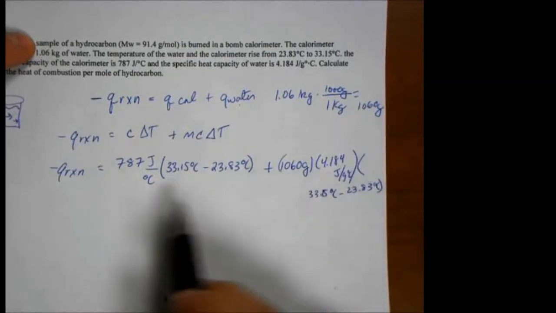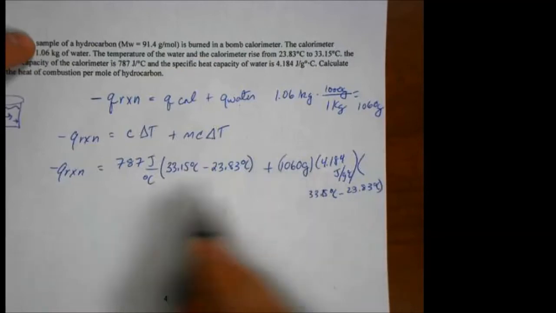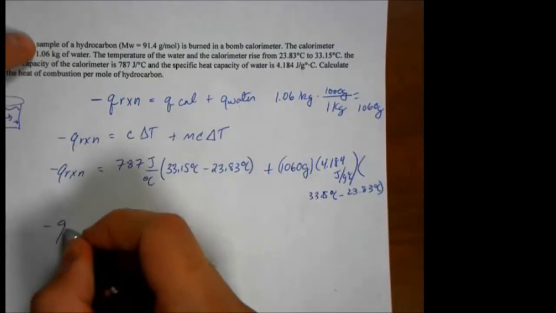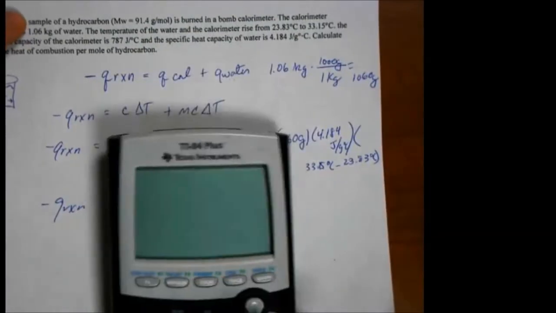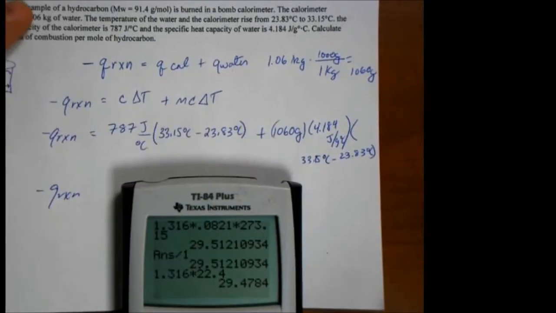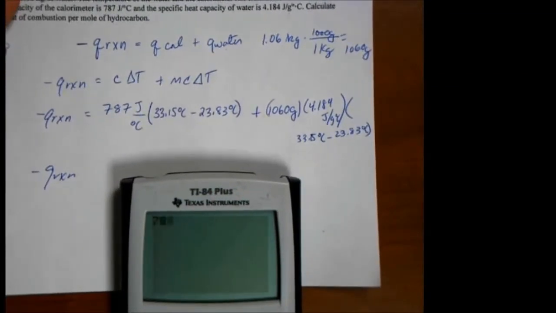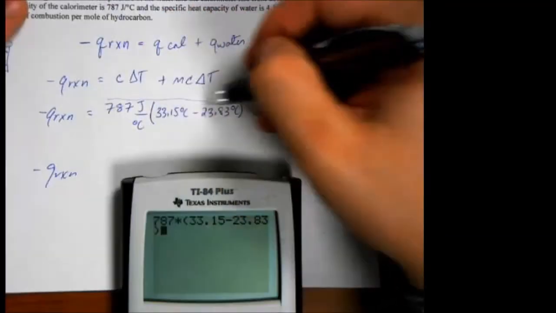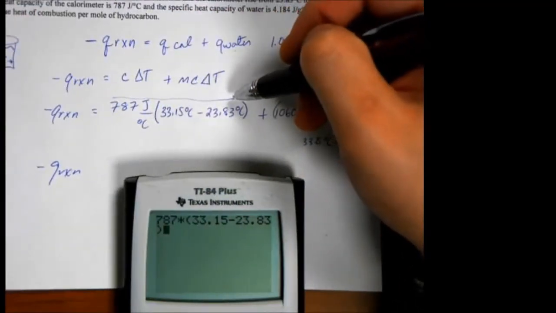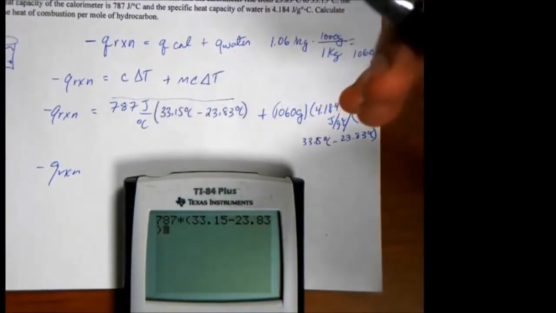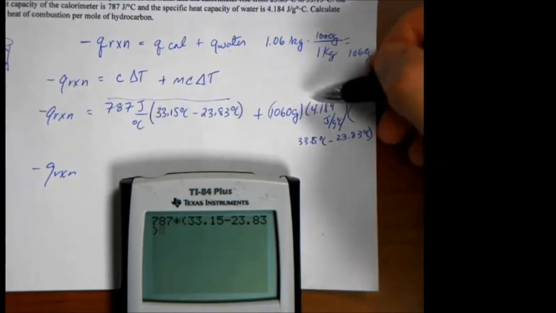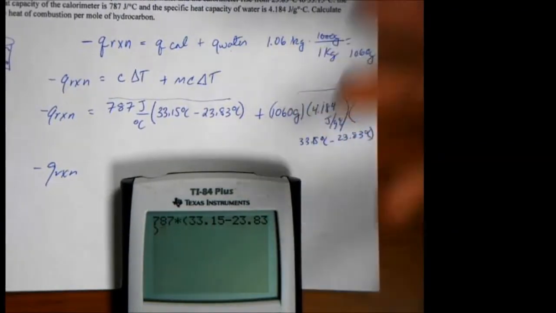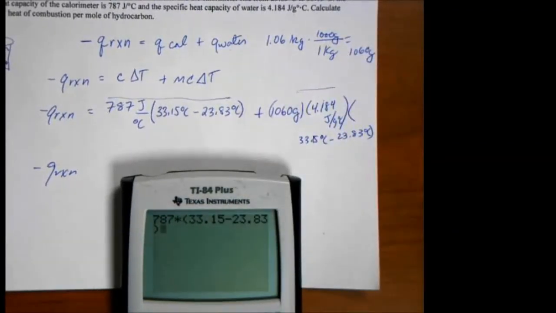Okay? So if we do this out, minus Q of the reaction is going to equal 787 times (33.15 minus 23.83). So this part is taking into consideration the heat that the sidewalls and calorimeter itself absorbed, and then this part is taking into consideration the water inside the calorimeter and what that absorbed.